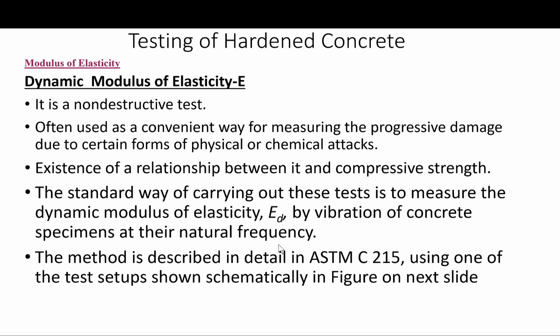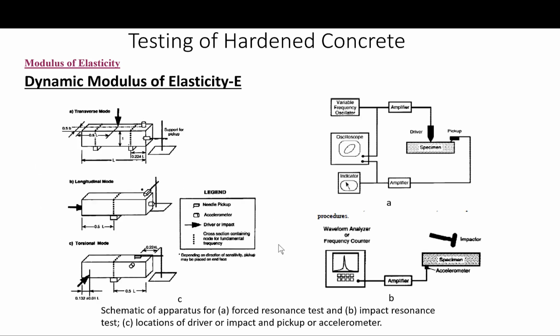The method is described in detail in ASTM C215, using one of the test setups shown schematically here. A test specimen, either a cylinder or a prism, is supported at its nodal point or points, so that it may undergo free vibration without significant restrictions.